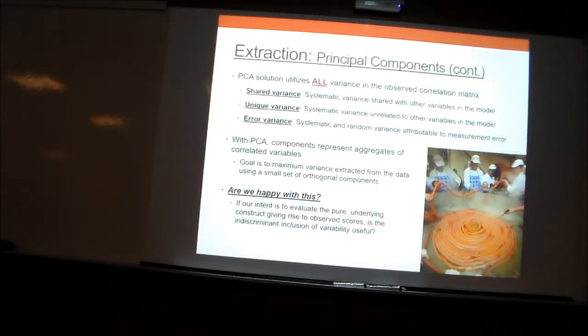Why might just scooping up everything be problematic if our intent is to extract and identify these unique theoretical components, these unobserved constructs that are giving rise to our observed scores on our items? Why might we not be happy with a PCA from a conceptual standpoint?